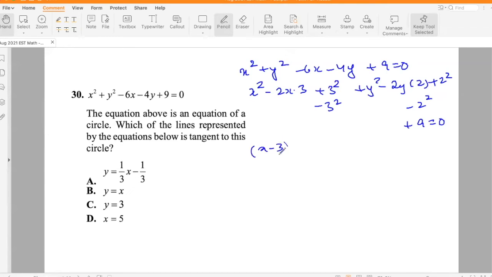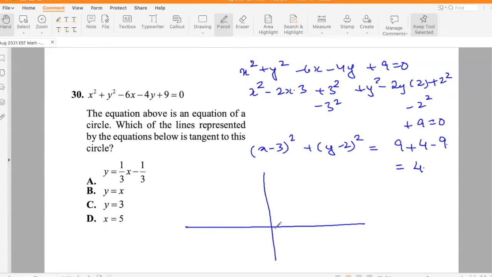So x minus 3 whole squared plus y minus 2 whole squared is 9 plus 4 minus 9. So that is 4. So the center is 3 comma 2 and the radius is 2.